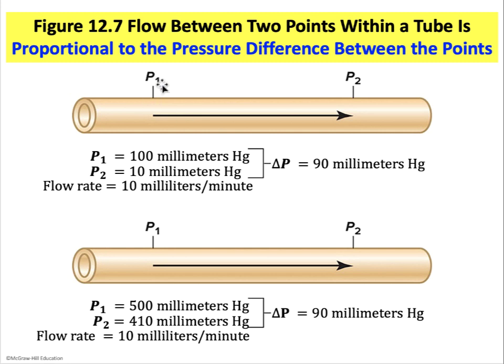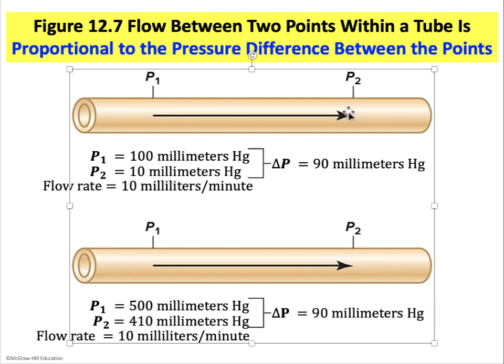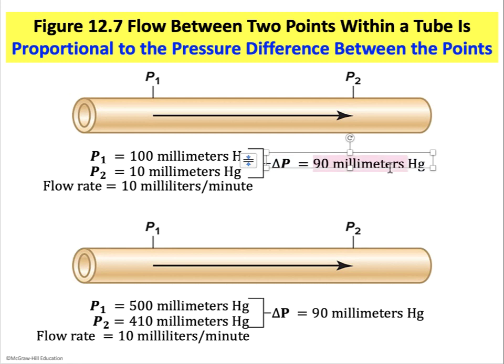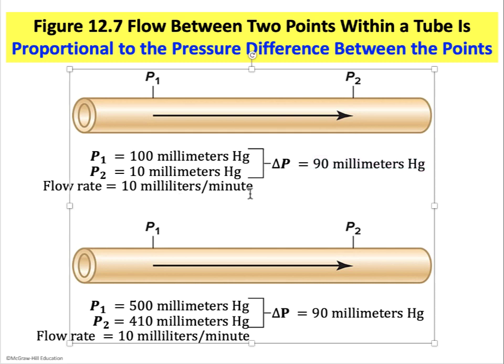If the pressure is measured at point P1 inside the tube and also at point P2 and is assumed to be 100 millimeters of mercury here and only 10 millimeters of mercury there, then the difference between the two points is 90 millimeters of mercury. Therefore, the flow rate will be 10 milliliters per minute.